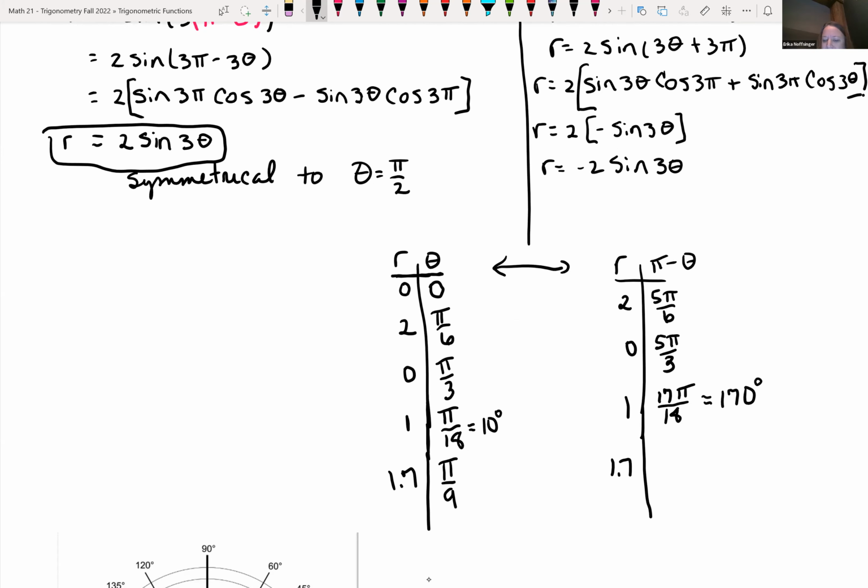So R is 1.7. Pi minus pi ninths would give me 8 pi ninths. So let's figure out what pi ninths is in degrees. Pi ninths times 180/pi, the pi's cancel, 9 goes into 180, that's 20 degrees. So 8 pi ninths would give me 160 degrees.